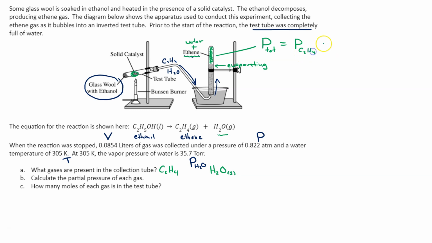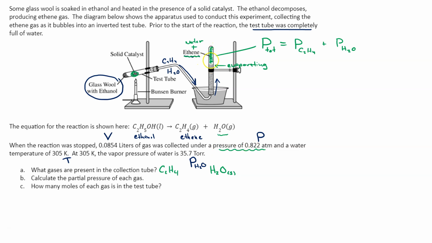We know from question A, we have two gases that make up that mixture, the C2H4 and the water. So I can probably answer this question by playing around with this equation. The question is, do I have any of these pressures? Let's take a look. Some of these things I labeled before, two of them were pressures, right? So the first one says that the gas was collected under a pressure of 0.822 atmospheres.